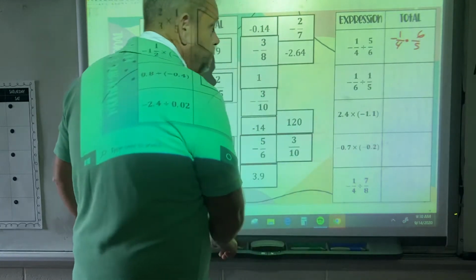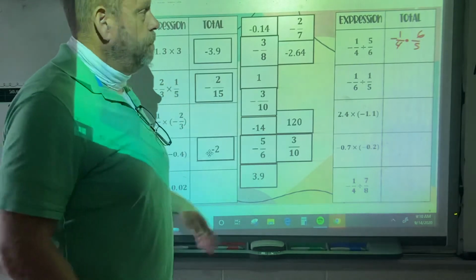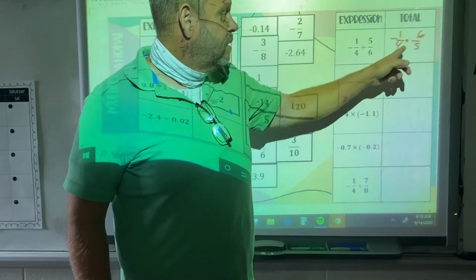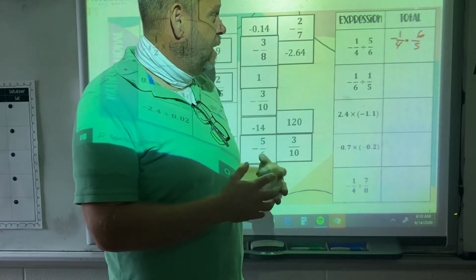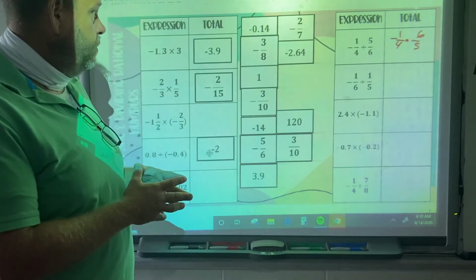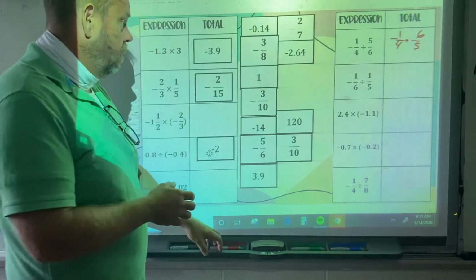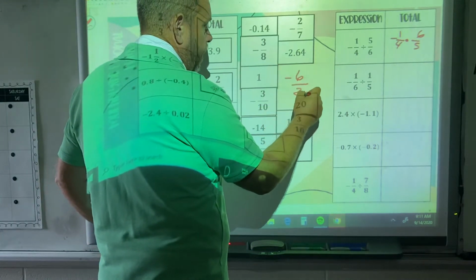So now, that's really similar to ones we've done over here. 1 times 6 is 6. 4 times 5 is 20. And I got negative, so I should have a negative 6 over 20, and I don't know if that's up there or not. It may have reduced itself down.